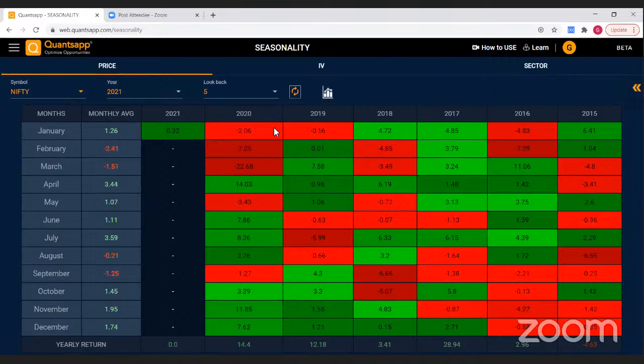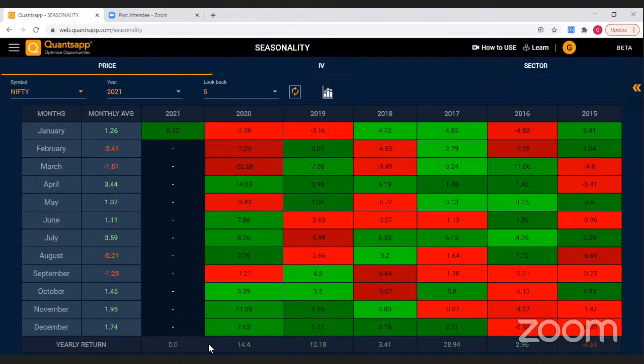For the last 5 to 6 years, the monthly average return of Nifty remains at 1.2% for January. You can see the monthly return of all the months. If I say for March, for the last 5 to 6 years, how the returns were, and the average monthly return.